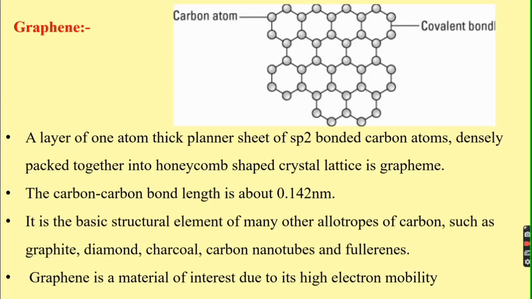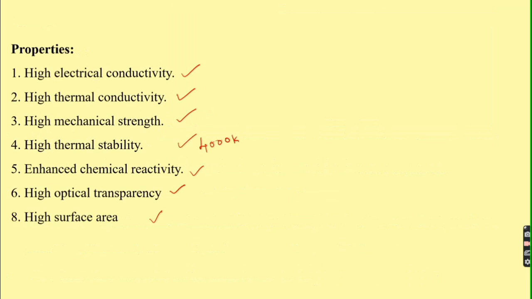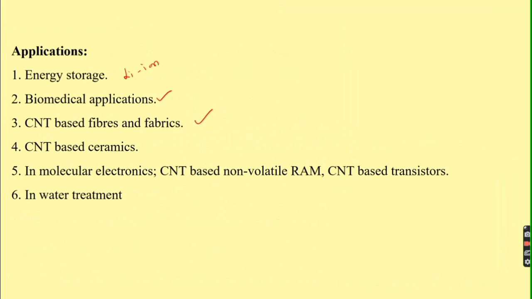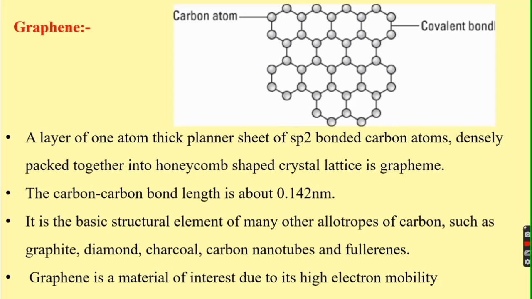Next, coming to the next nanoscale material, that is graphene. In graphite, graphene, and carbon nanotube, the nanotube is a rolled one, whereas this is a single sheet. It is a layer of one-atom-thick planar sheet of sp2 bonded carbon atoms densely packed together into a honeycomb-shaped crystal lattice.